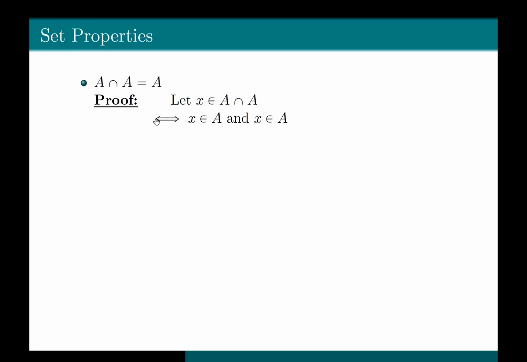Now the arrows are on both sides, which means that if X belongs to A intersection A, then it implies that X belongs to A and X belongs to A. The arrow on the left side means that if you have this statement, X belongs to A and X belongs to A, it will imply the first statement, which is X belongs to A intersection A.